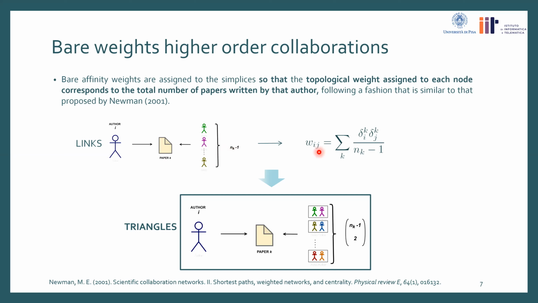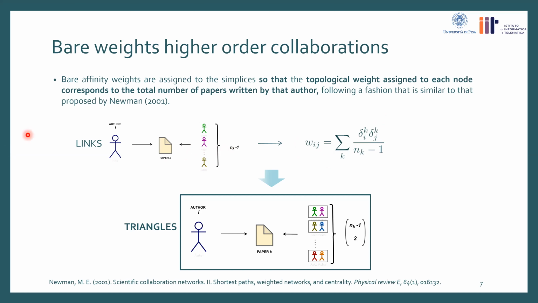So what we do is simply to assign weight 1 over n_k - 1 to each edge linking the author i to each co-author. This is very simple, actually very intuitive.